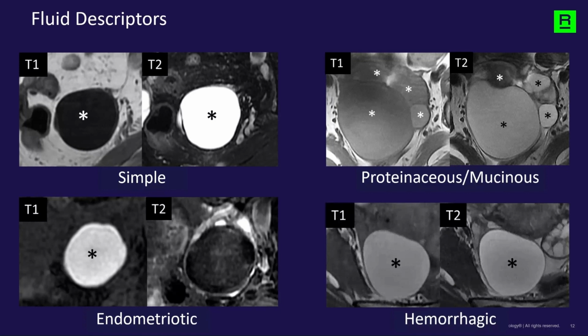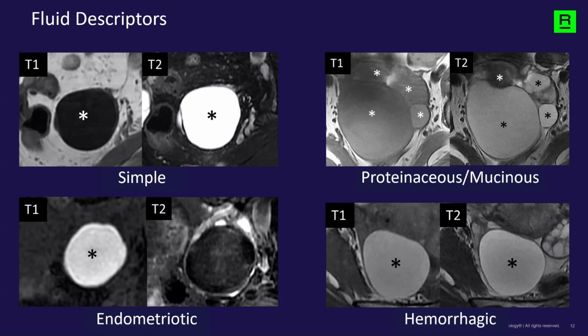And lastly, hemorrhagic fluid can also display variable signal depending on the age of the blood products. Diagnosing hemorrhagic fluid in a lesion can be a challenging diagnosis, and there may be overlap with proteinaceous or mucinous fluid. But regardless, there will be no change in the O-RADS score. In the late subacute phase, as in this example, the blood is typically hyperintense on both T1 and T2.